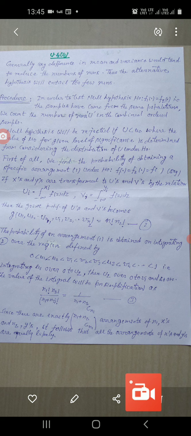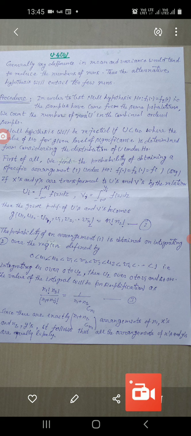Procedure: in order to test the null hypothesis H naught, F1 is equal to F2, that means the samples have come from the same population, we count the number of runs, that is U, in the combined ordered sample.